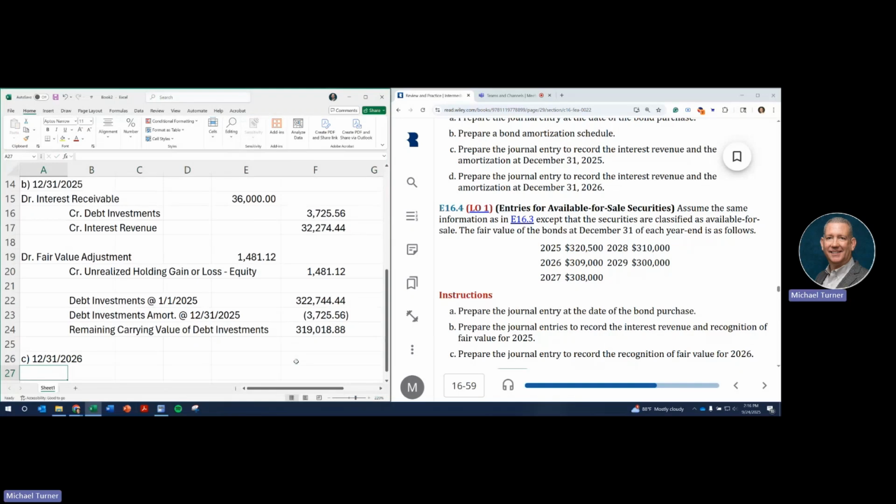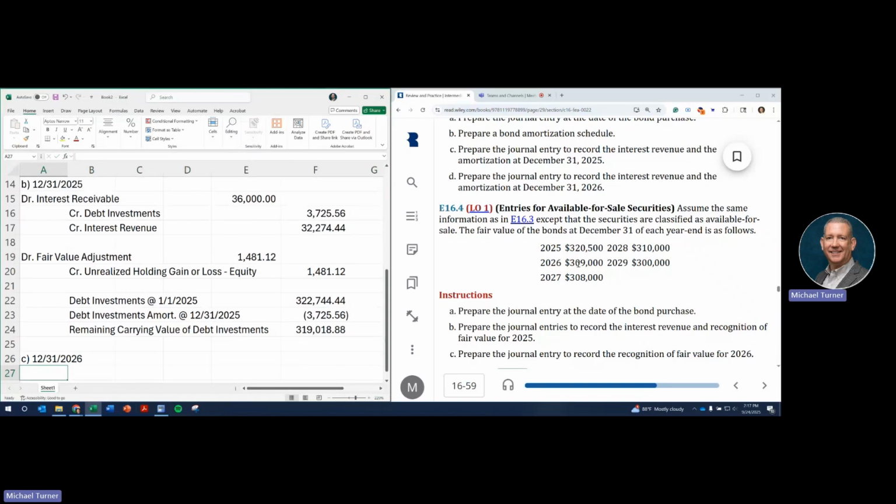So let's see, our carrying value now, let's see, I will show, trying to see how I'm going to fit this on the screen here. What we do know is that the fair value is $309,000.